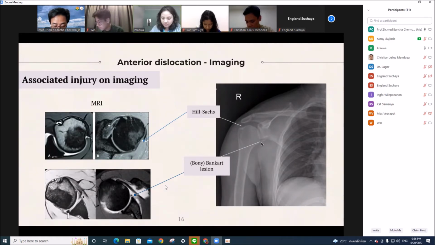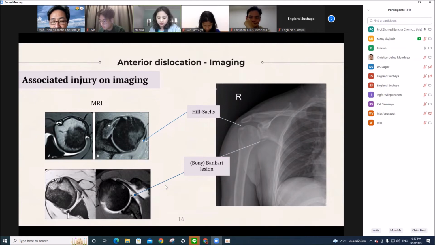The Bankart can be soft tissue or can be bone, right? If there's no fracture of the anterior rim, we call this a soft tissue Bankart. But if there is some bone fracture at the rim, we call that a bony Bankart, or osseous Bankart lesion, okay?